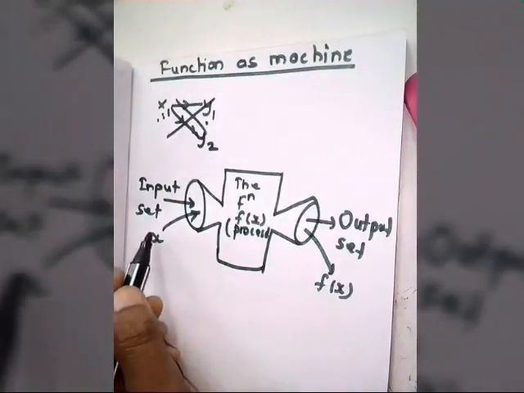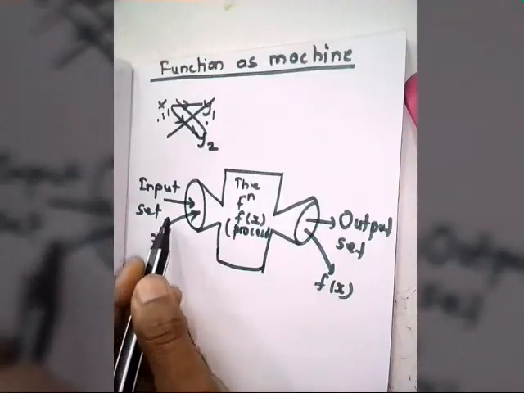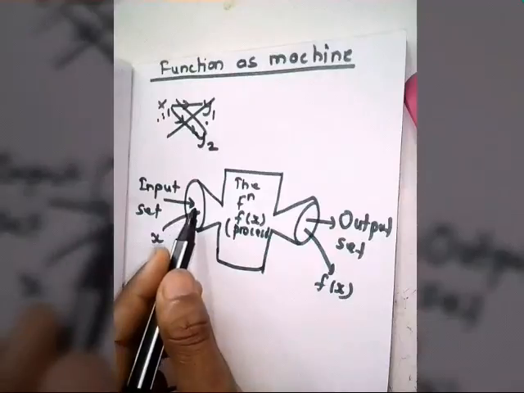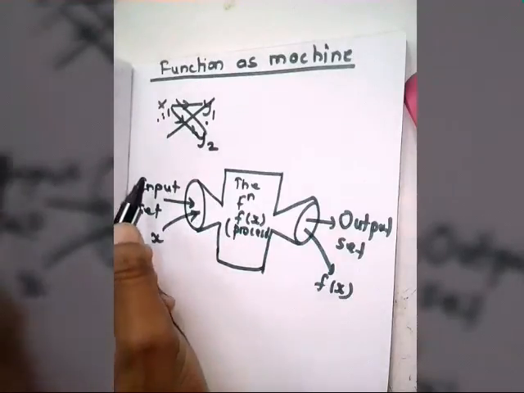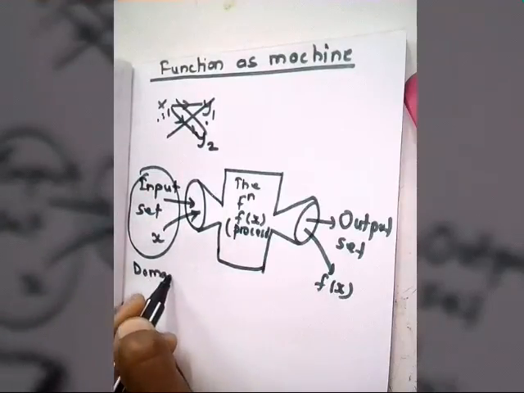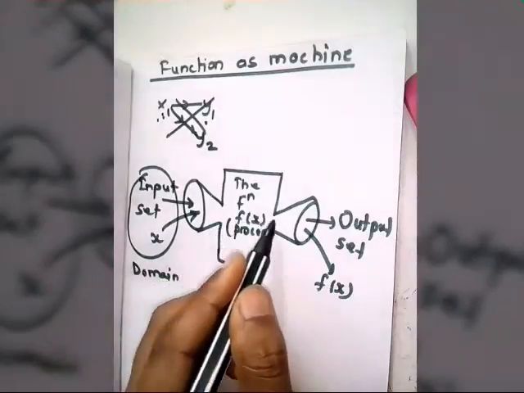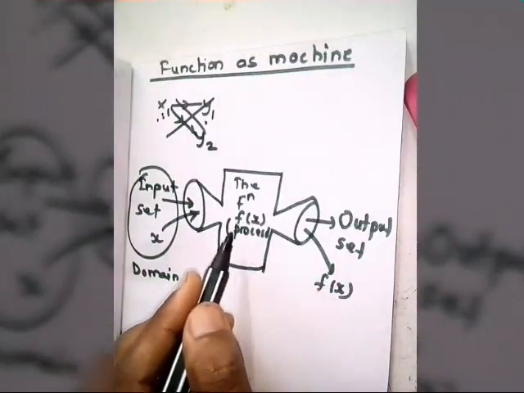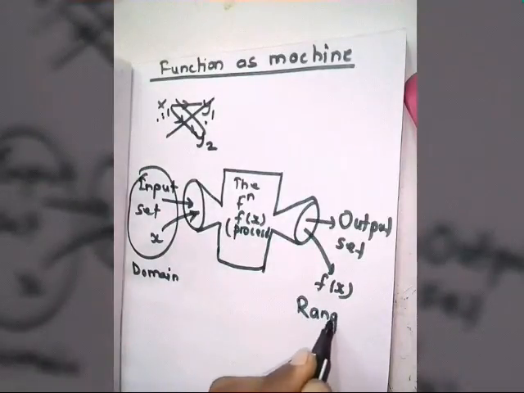All the x values that we keep in the function machine, this input set, is called the domain. And all that comes out from this function machine, we call the range.